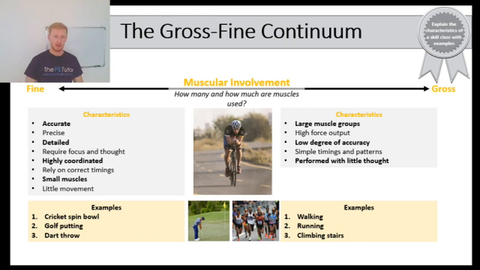Gross and fine. So muscular involvement. We've got fine skills, which have small muscles or low quantity of muscles with small movements, low force output. But how they contract needs to be so controlled and accurate. It's a very fine movement, small. Some examples, cricket spin bowl.